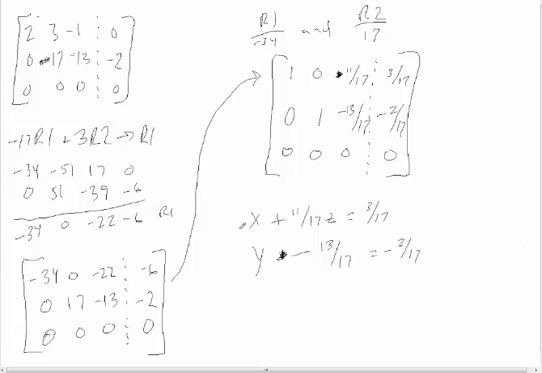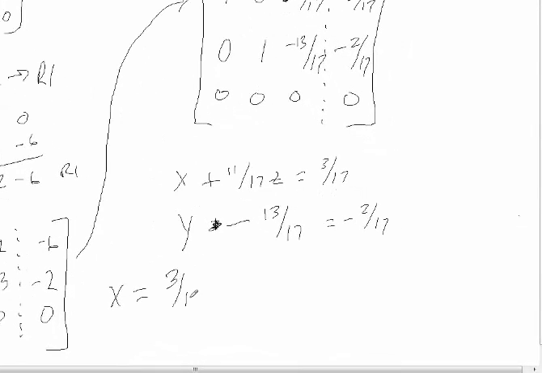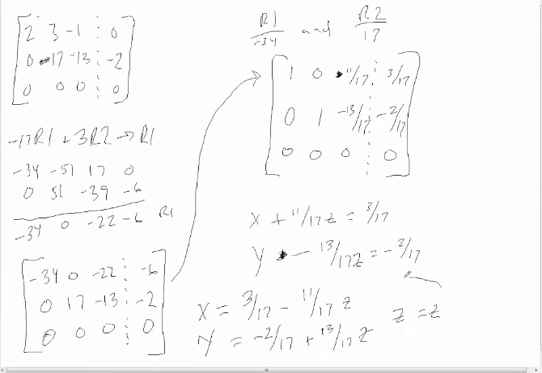And using a little algebra, we can rewrite these. x equals 3 seventeenths minus 11 seventeenths z, and y equals negative 2 seventeenths plus 13 seventeenths z. And that is the solution to our problem.